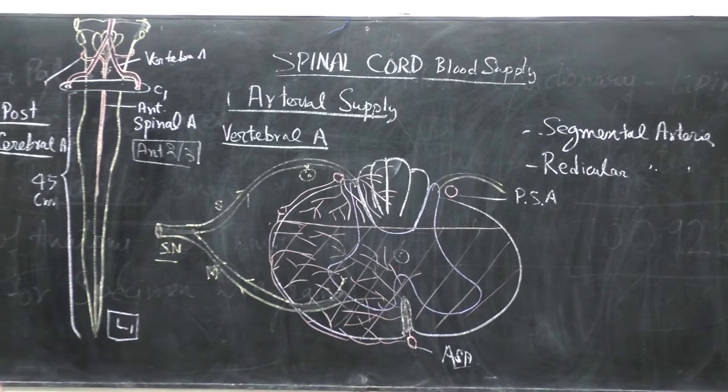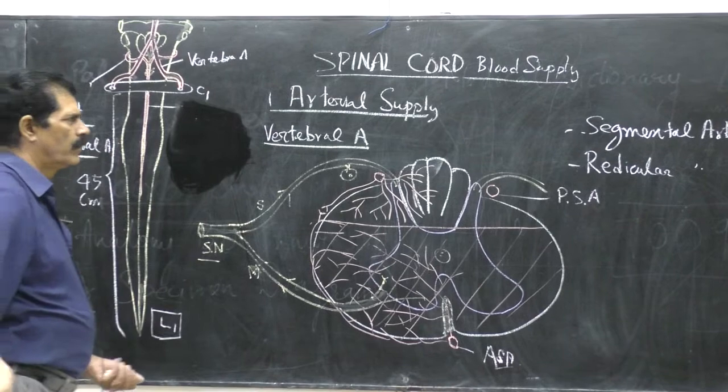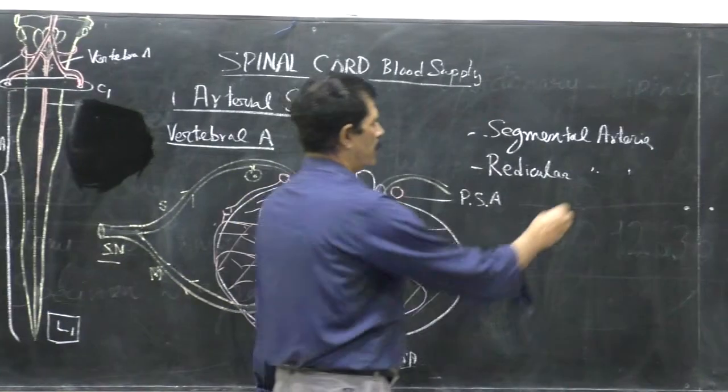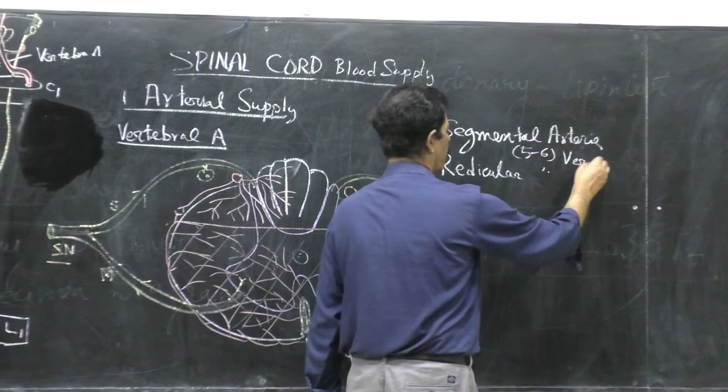So segmental arteries, they are 5 to 6 in number. And they are also the branches of the vertebral artery.